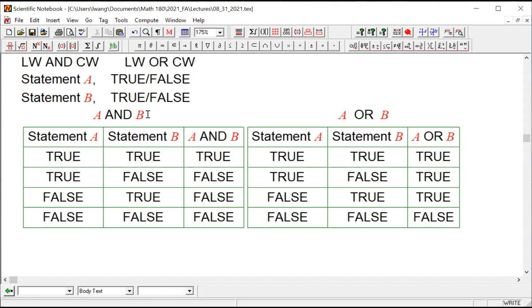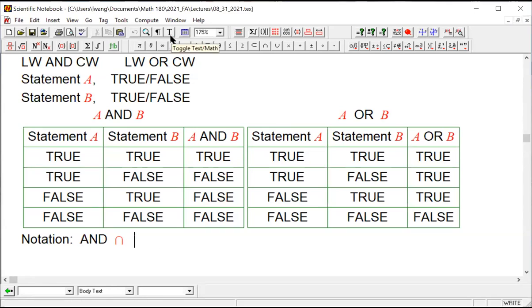Anyway, notation-wise, anybody have any questions? The word and, we have a notation for it. We use the symbol, the U turned upside down.